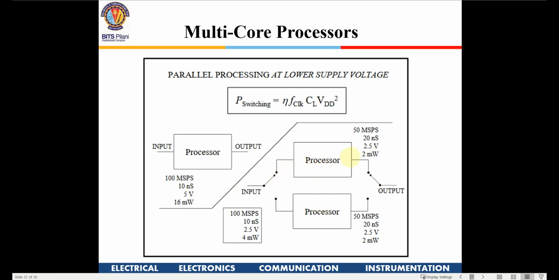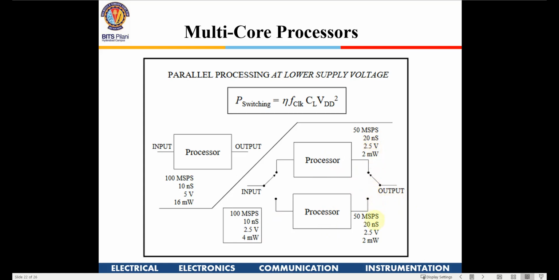The delay has increased, but I am using parallel processing, so only half of the instructions need to be processed by each. Earlier one big instruction took 10 nanoseconds; now it takes 20 nanoseconds, but each processor gets only half the instructions. So each will take only 10 nanoseconds, and then I add these two data results, and finally I get the result in 10 nanoseconds.